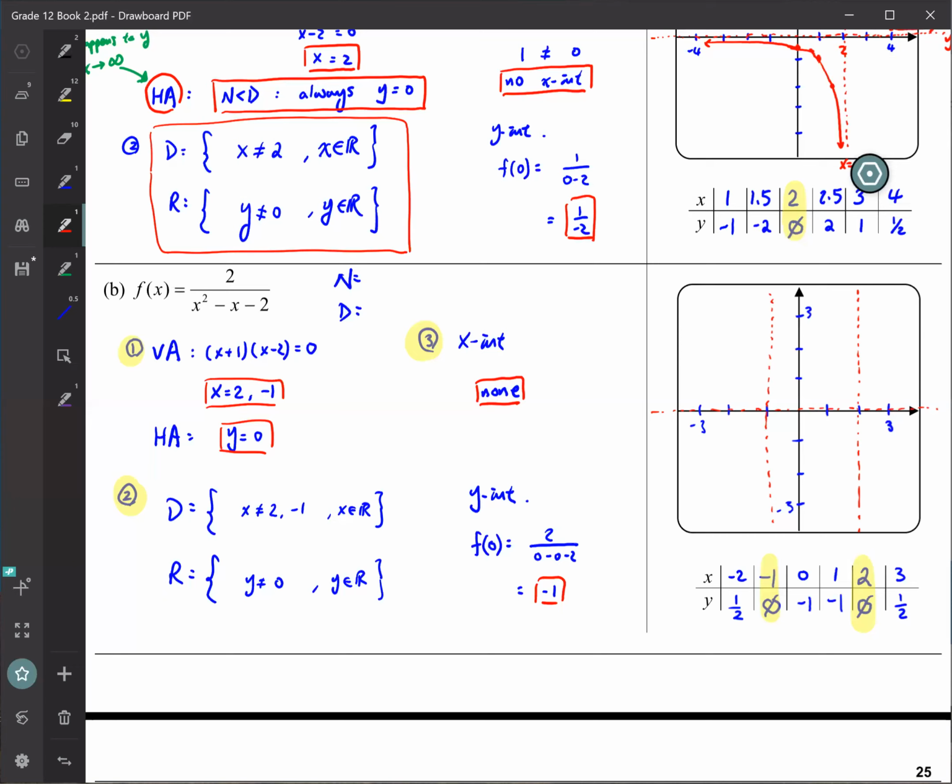Okay, and then now put the points in. -2 is half, so half will be here. 0 is -1, your y-intercept. 1 is also -1. 3 is half. Okay, so you can start drawing the curve. Raise your hand when you finish.